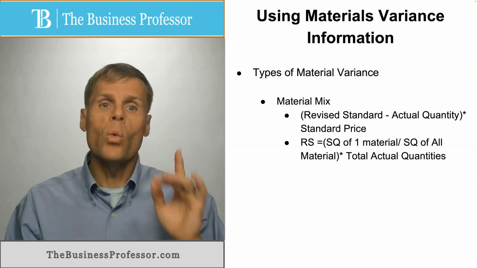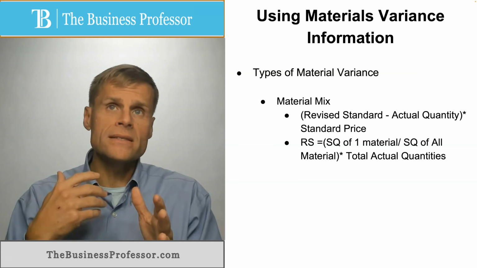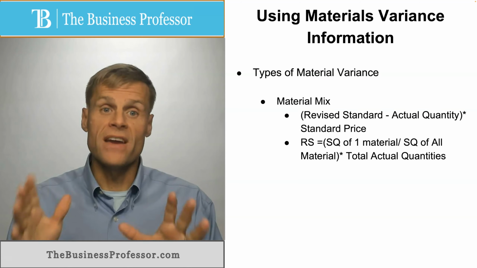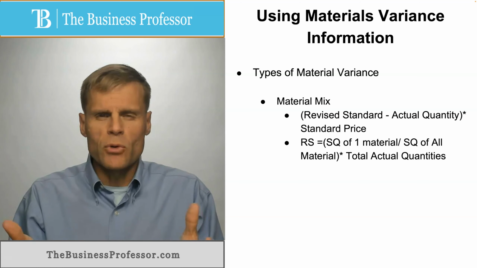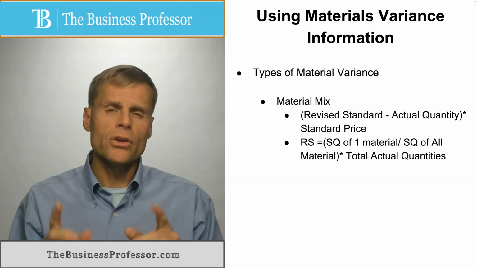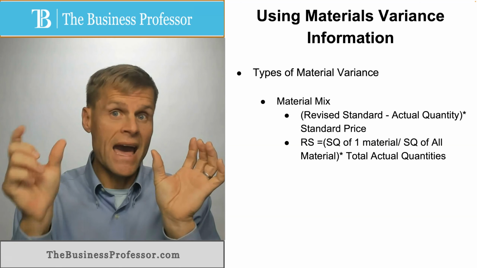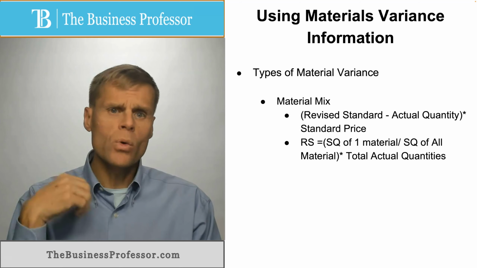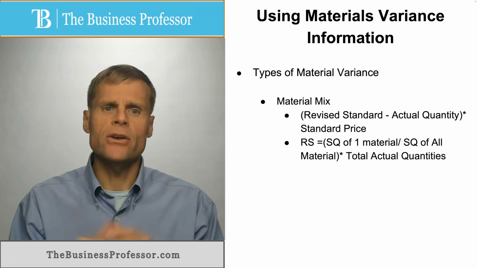Okay, now when you have a mixture, what is the material mix variance? Well, this is a slightly more complicated calculation. Basically, you take what's called the revised standard quantity, and you get the difference between that and the actual quantity that was required, and you multiply it by price. So what is the revised standard quantity?